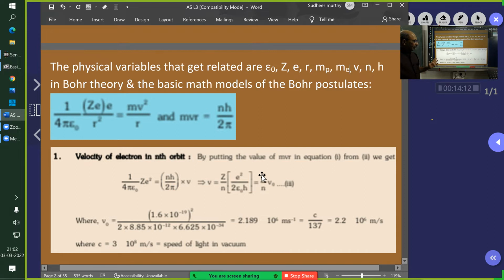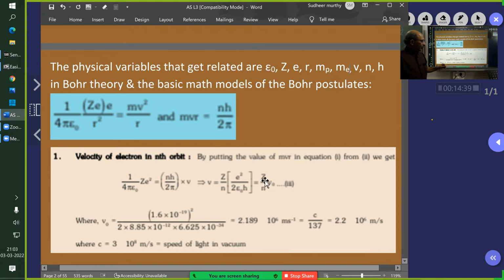So now our way of expressing becomes very simple, because the velocity of the electrons in the nth orbit of hydrogen-like atoms is z by n v naught.